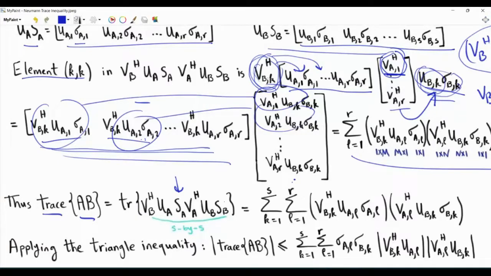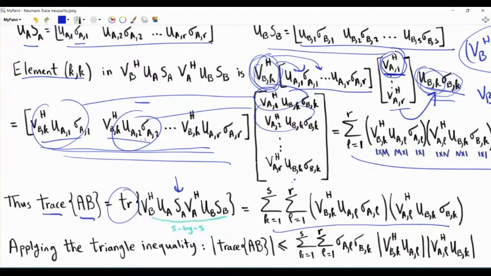So it's the kth element on the main diagonal of this S by S matrix. So we wrote down this element kk as a summation here. And then to find the trace, we summed over k. So that's an exact expression for the trace of AB, and it involves basically the singular values and the singular vectors of matrices A and B.